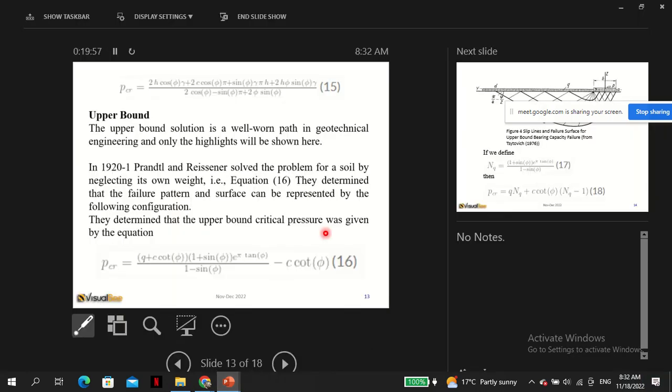They determined the failure pattern and surface can be represented by the following configuration. They determined the upper bound, the critical pressure, given by the equation.